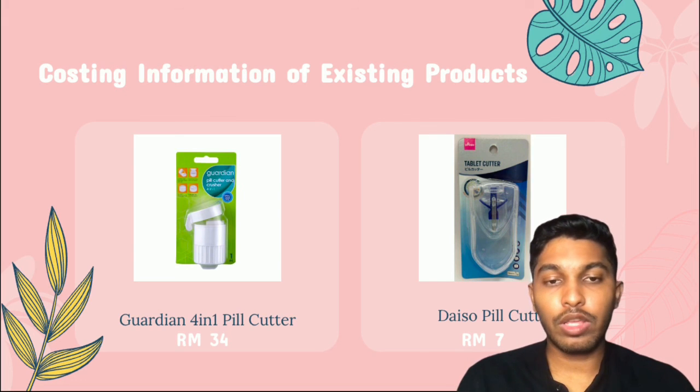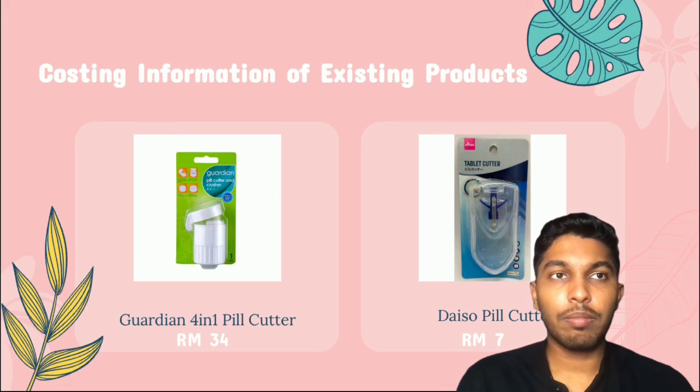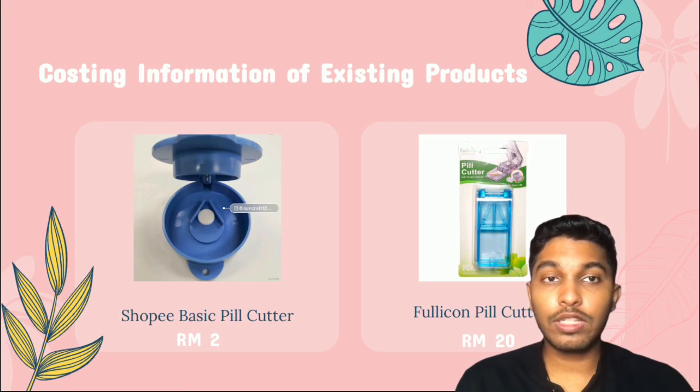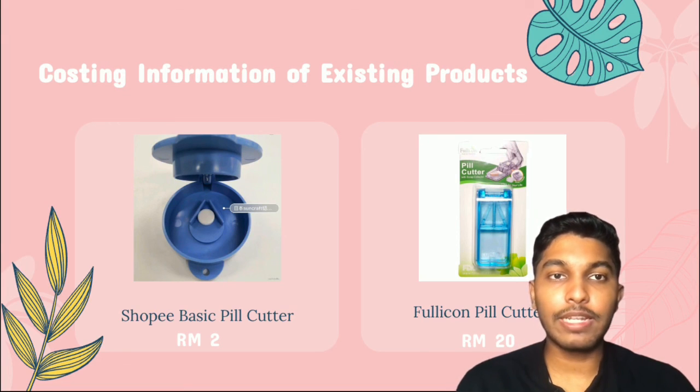After that, we have the Daiso pill cutter, a basic pill cutter with storage, which costs 7 ringgit. Then we have the Shopee basic pill cutter, which costs less than 2 ringgit, but it's the very basic one that just comes with the pill cutting blade. And then we have the Fulicon pill cutter, which costs RM 20, that has storage and a pill cutter.